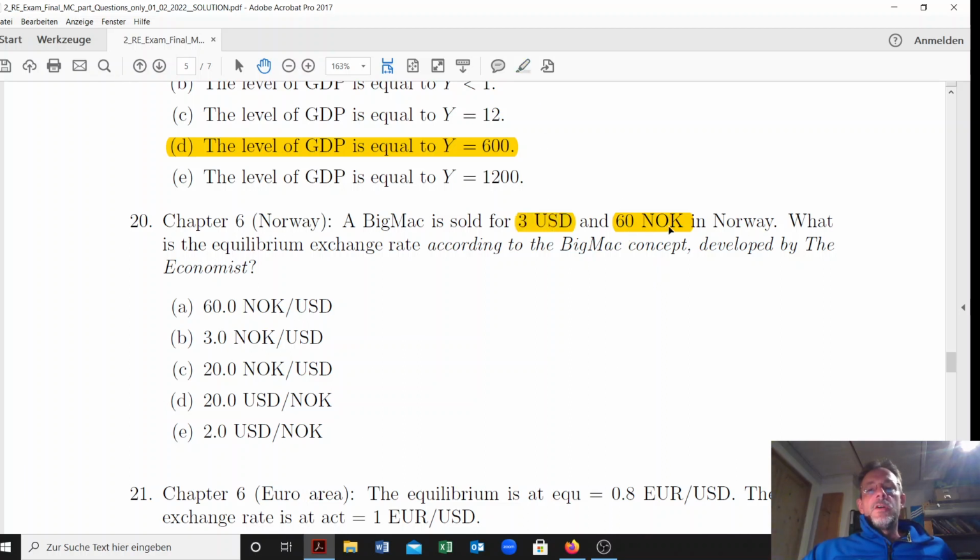So 60 Norwegian krona divided by 3 US dollar gives you 20 Norwegian krona per US dollar. So this is the equilibrium exchange rate according to the Big Mac concept developed by The Economist. So 60 Norwegian krona divided by 3 US dollar, answer C is the right one.